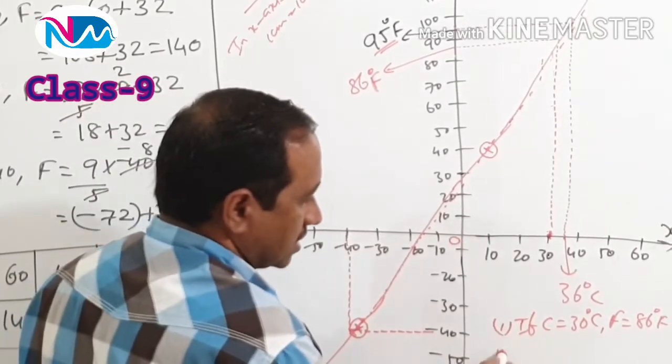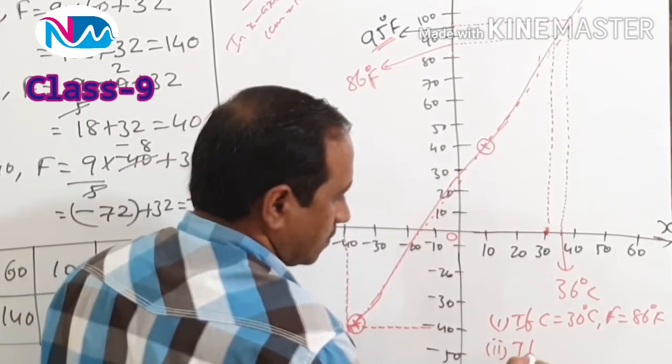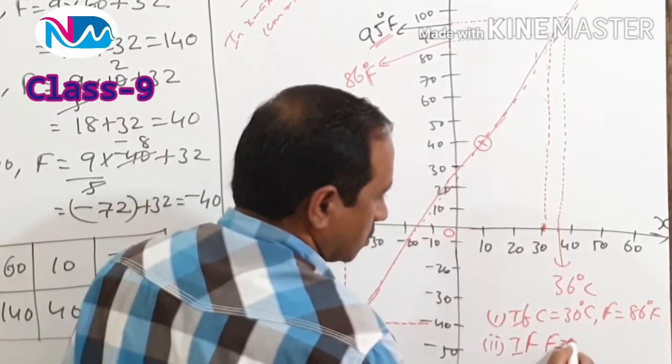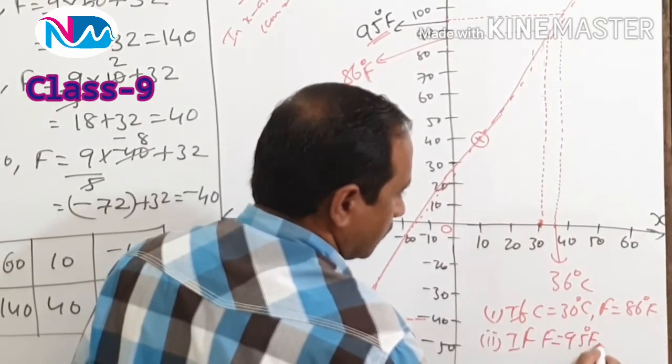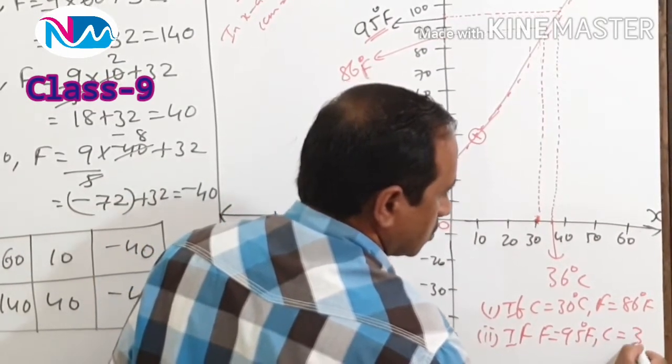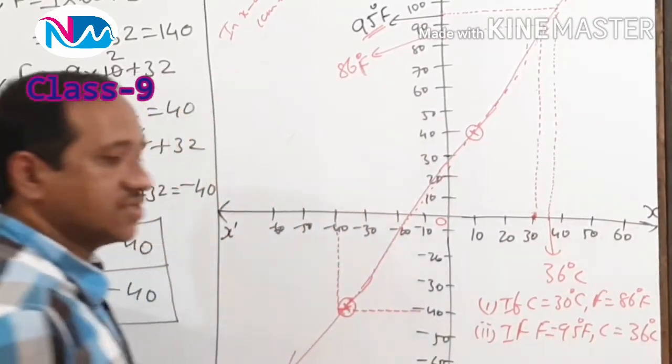Therefore, we can say that if F is equal to 95 degrees Fahrenheit, C is equal to 36 degrees Celsius.